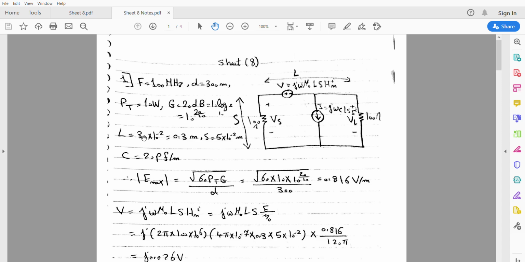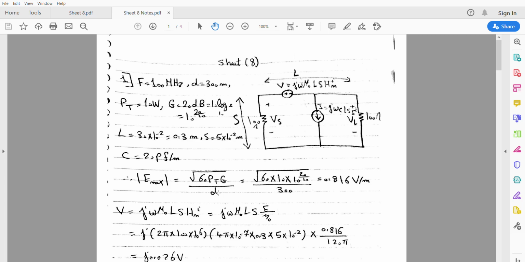The length is given as 30 cm. We need to convert all the units to standard units, so we multiply by 10 power negative 2 in order to get it in meter. The distance between the two wires is equal to 5 times 10 power negative 2 meter, and the capacitance is given as 20 picofarad per meter.